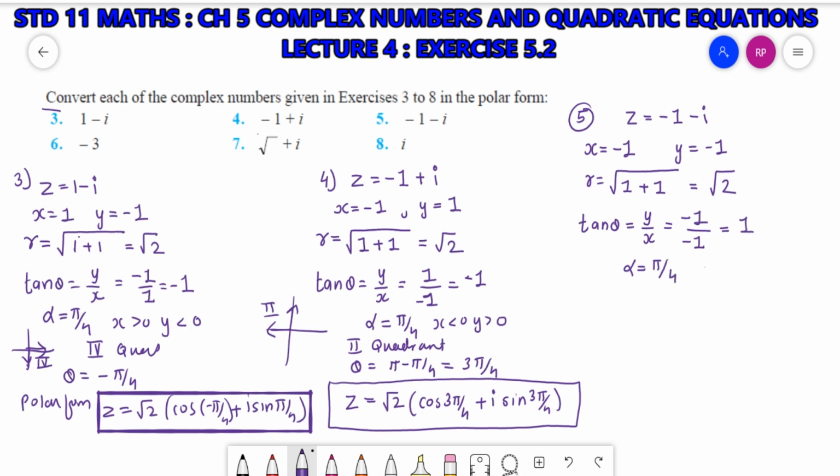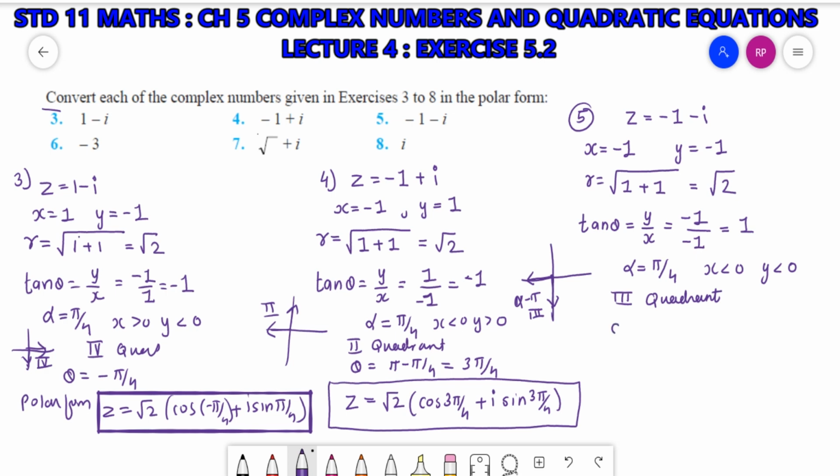But now x is less than 0, y is less than 0. So what does this mean? x negative, y negative, so it will be alpha minus pi because it is in the third quadrant.